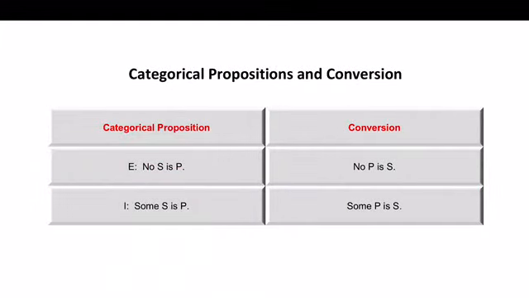All right, and so here we have our little chart. The categorical proposition E, no S is P, by conversion becomes no P is S. We just switch the subject and predicate. Similarly with the I proposition, some S is P, by conversion, just flip it around, some P is S.